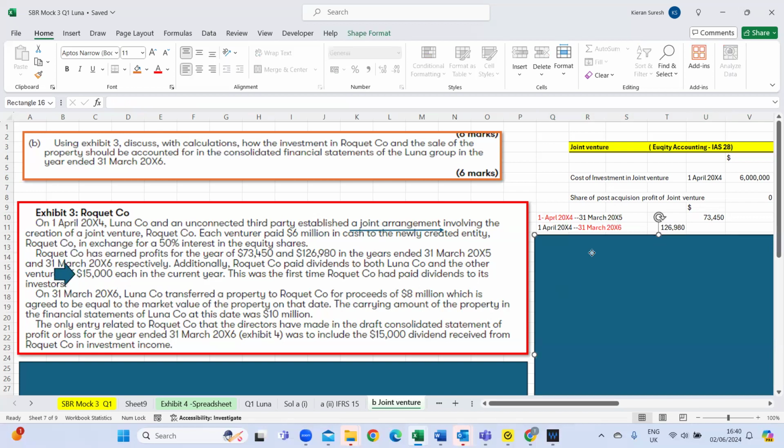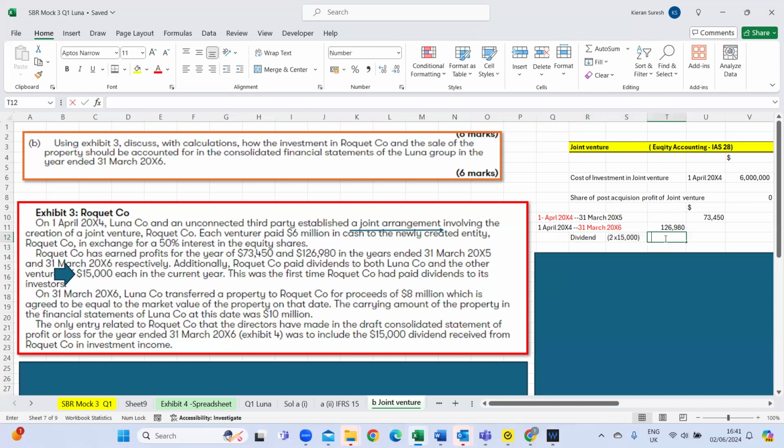So if we want to find out the increase in the net assets, what is the post-acquisition profit? Retained profit is after giving the dividends, right? So we know that in the second year there was a dividend payment, not only for us, for the other venture too.